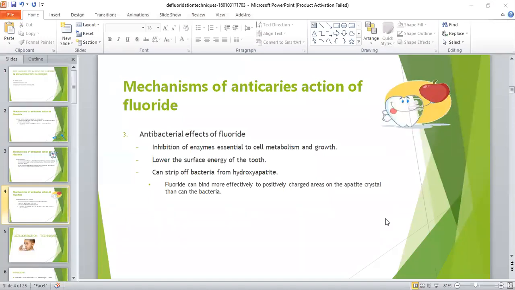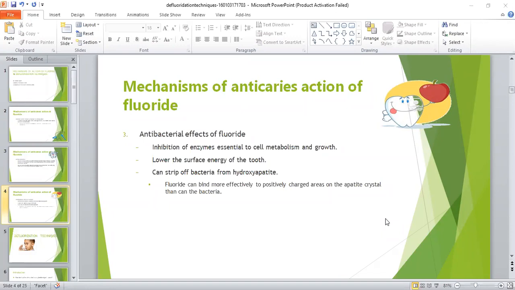Then there are more chances of caries formation. So it will decrease the fissure depth and increase the fissure width, so making the teeth less susceptible to caries. So these are basically the different mechanisms of action of fluoride.